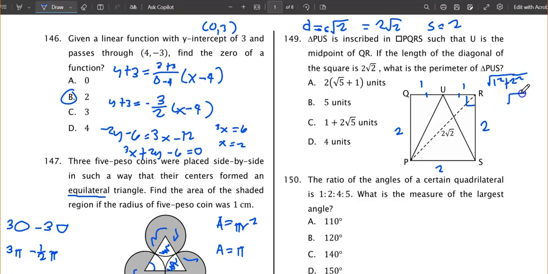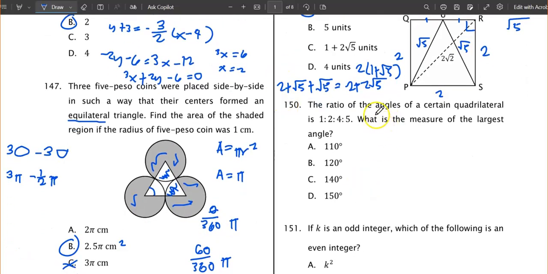This gives you root 5. So this is root 5, and this is also root 5. To get the perimeter, just add everything together. 2 plus root 5 plus root 5 gives you 2 plus 2 root 5. Common is 2, so we're going to factor out 2. 1 plus root 5. That's letter A in our choices.